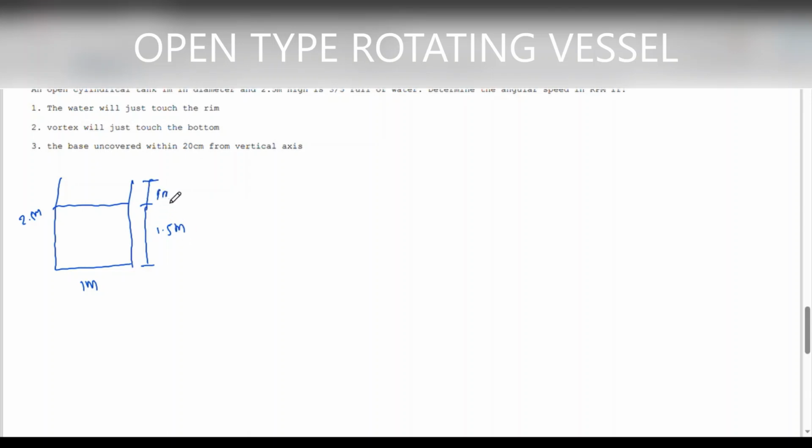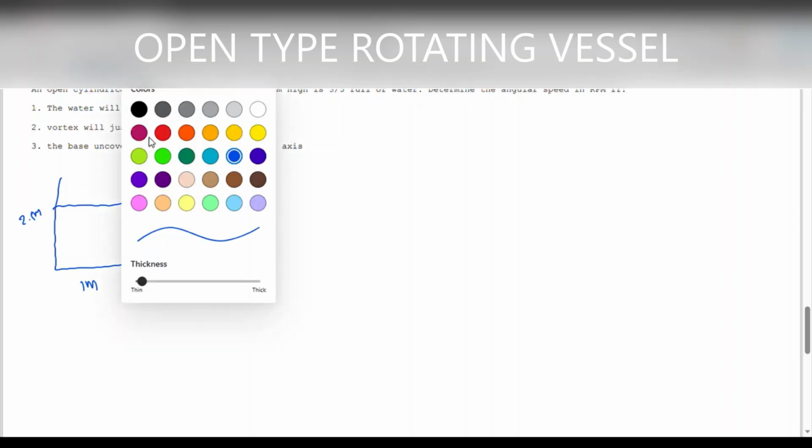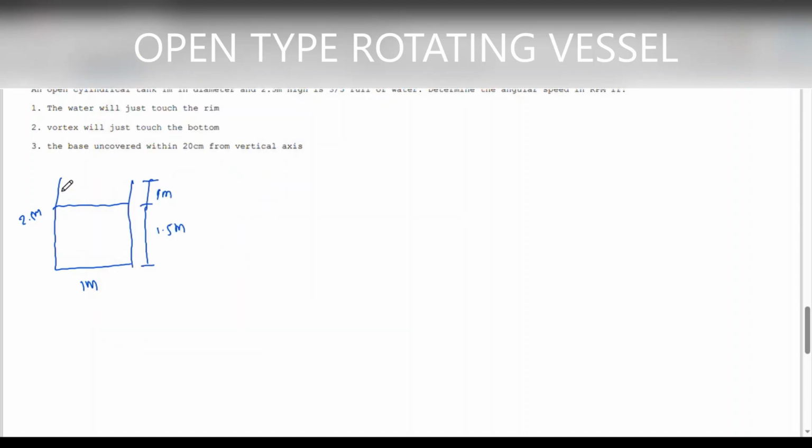So the vortex will just touch the bottom. So we'll draw it like this one. So the height of paraboloid will look like this one. So this is the height of paraboloid. Now this is rotated at its vertical axis.